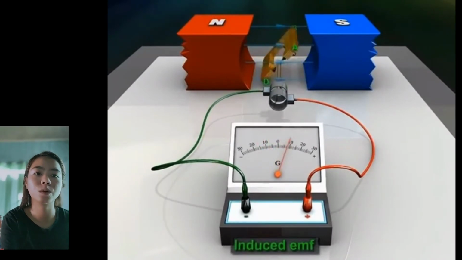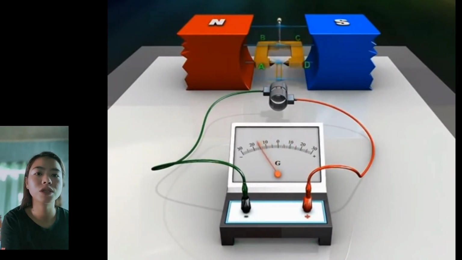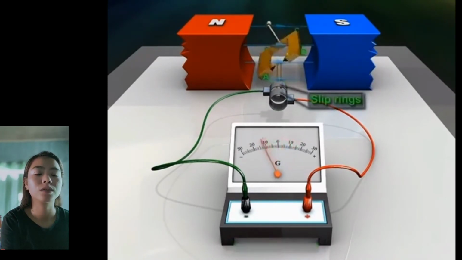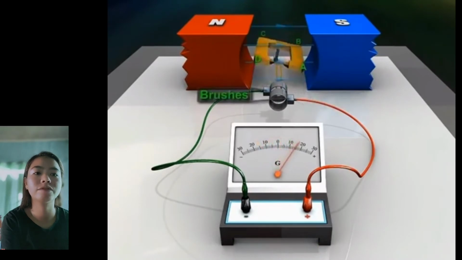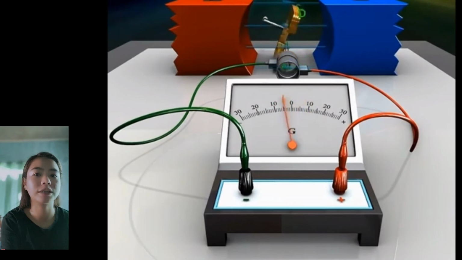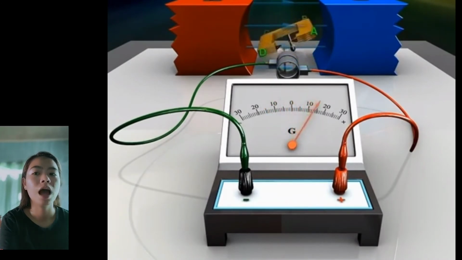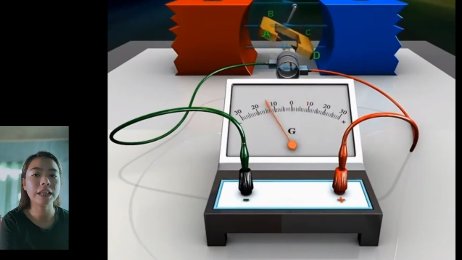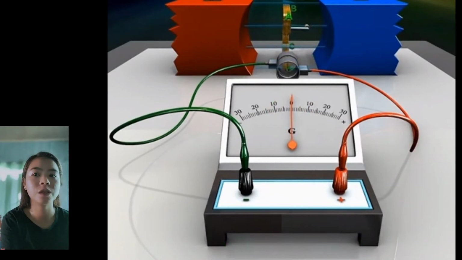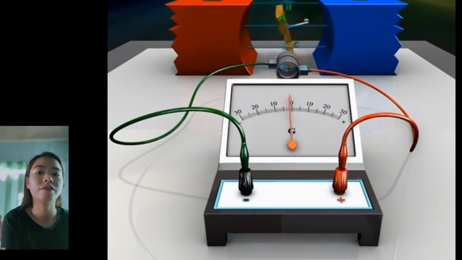As a result, the EMF induced in the armature produces an electric current through the armature, the galvanometer, the slip rings and the brushes. Ang galvanometer needle ay nagsuswing sa negative at positive values, which means alternating current is flowing through the galvanometer.